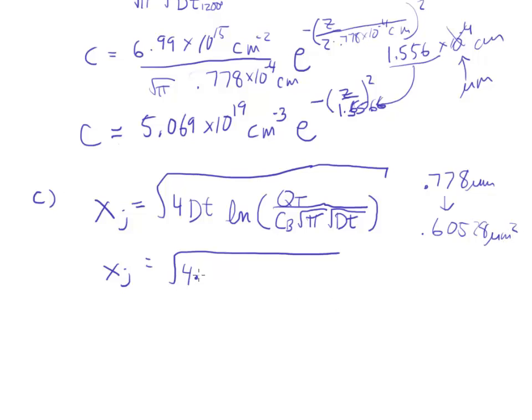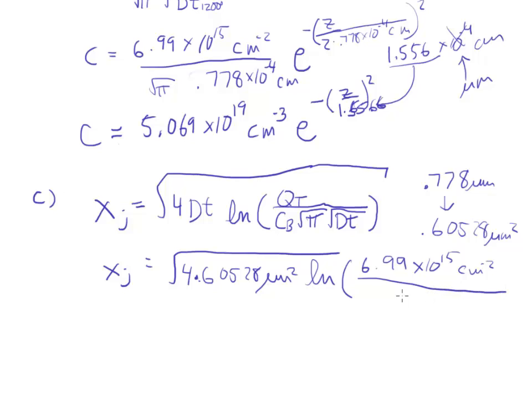Okay, so I can plug that in here. 0.60528 microns squared. And then natural log of qt, and our qt value was 6.99 times 10 to the 15th per square centimeter for our dose.